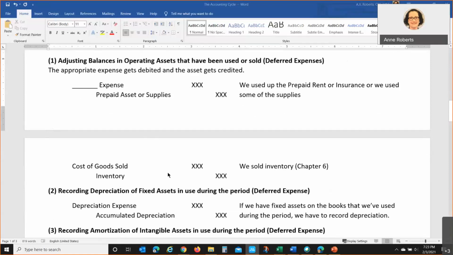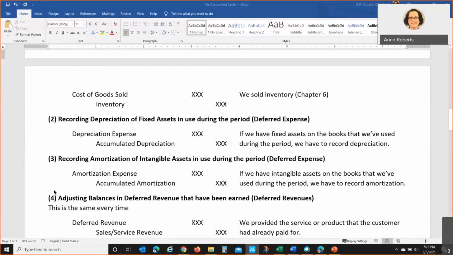As we're moving down that asset side of the balance sheet, we're seeing cash, accounts receivable, those prepaid expenses, inventory, and supplies. Then we start to get down to some of those long-term assets, things like automobiles, buildings, equipment.